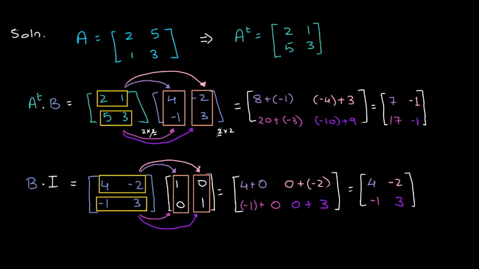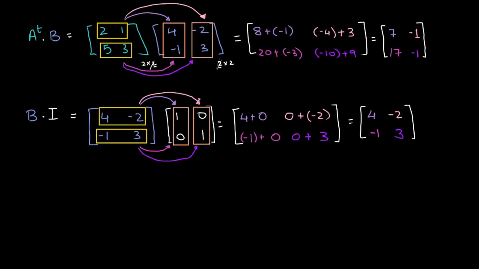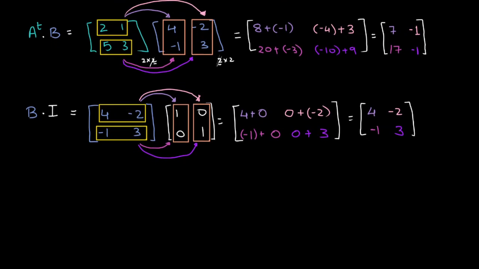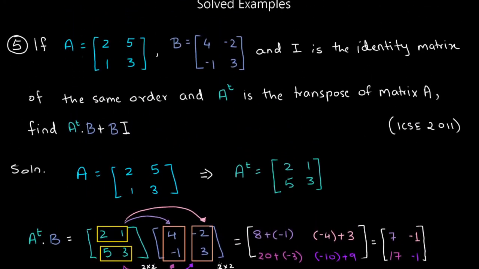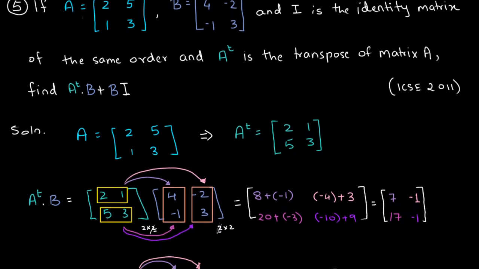Now, what we need to find for our final answer is basically A transpose times matrix B plus, was it plus? Where's the question? A transpose matrix B plus B times I. Alright.